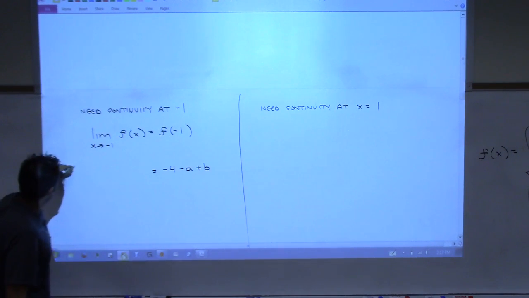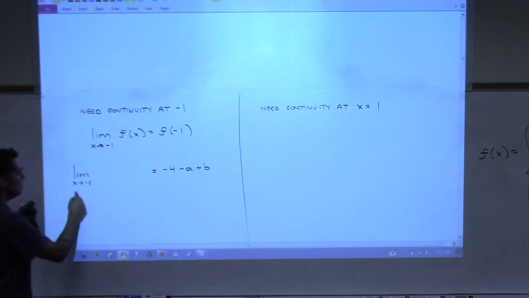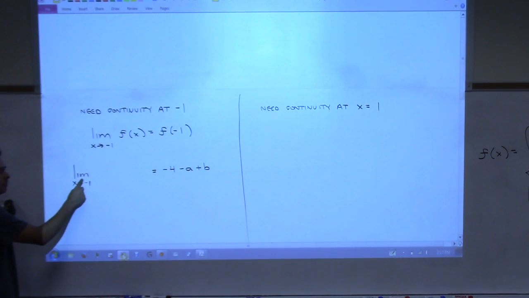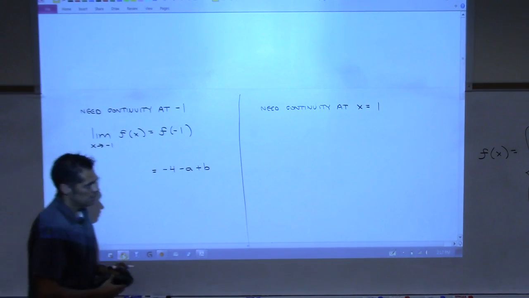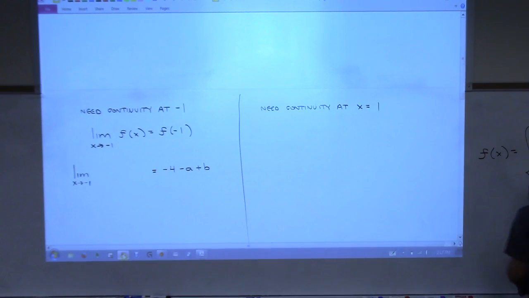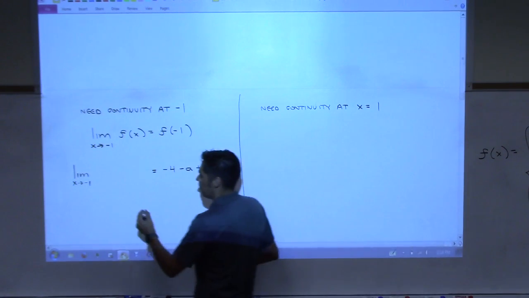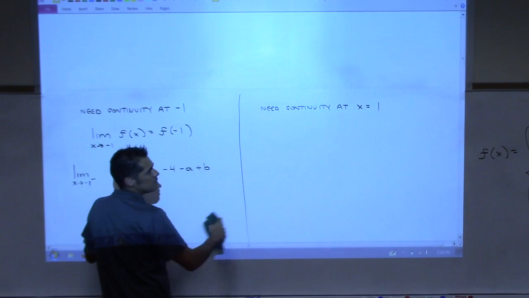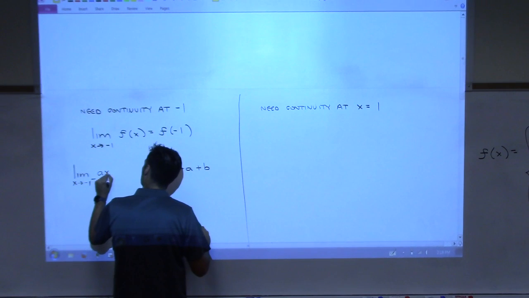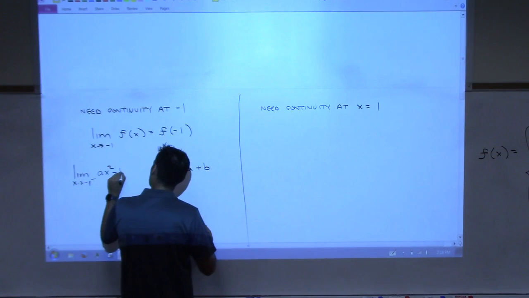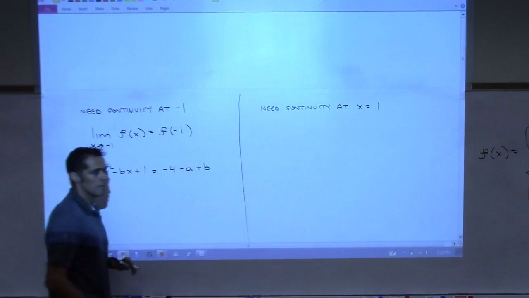Now, the left side is a limit. Which side of -1 am I going to come in on, the left or the right? The left, because we're coming in from this function into this function, and this function is to the left of this one. So I'm coming in from the left, and I'm going to put in ax squared minus bx plus 1.